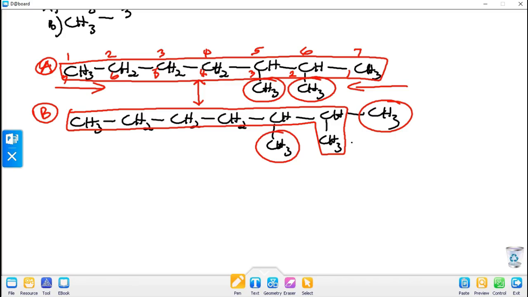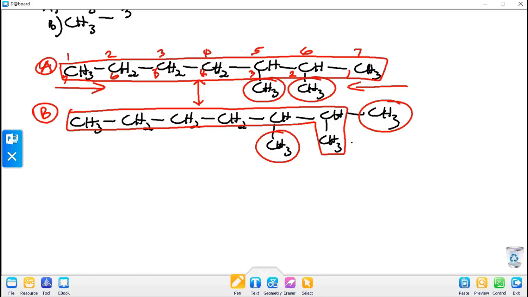If we go by that rule, coming from the right-hand side, we attach a lower number to the two side chains attached to this parent chain. So automatically we will be coming from the right-hand side, which gives the side chains position 2 and position 3, as against position 5 and position 6 if we come from the left-hand side.